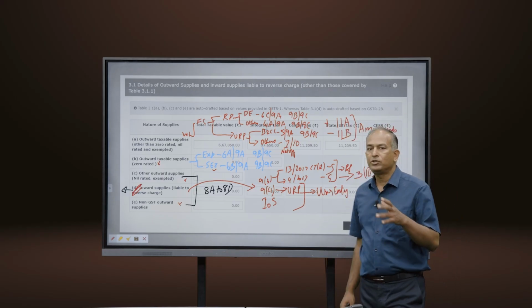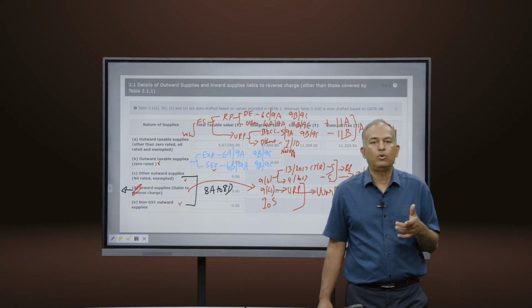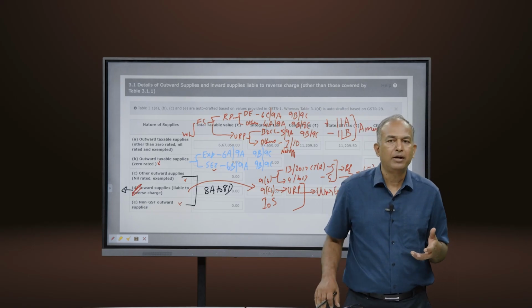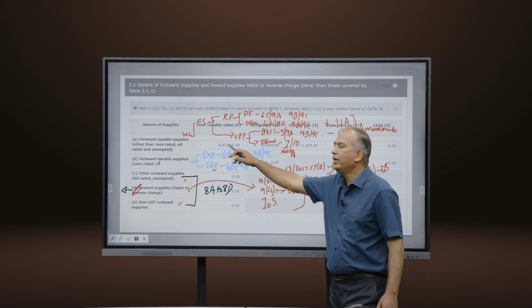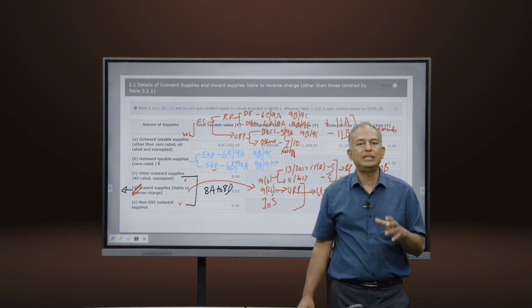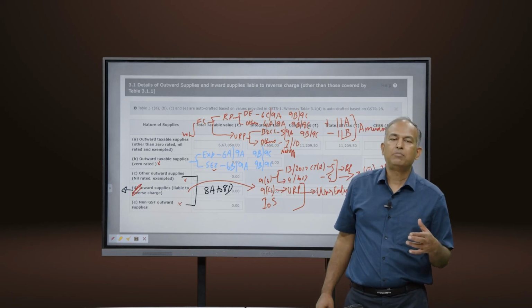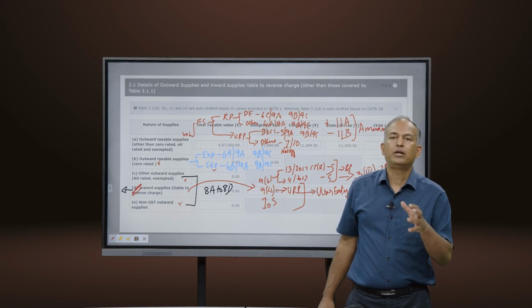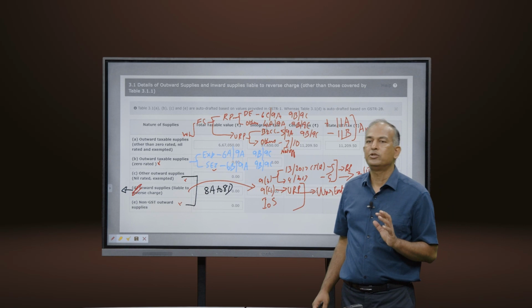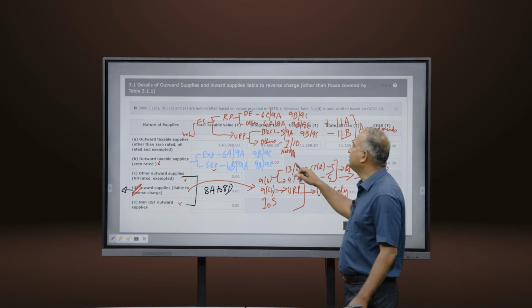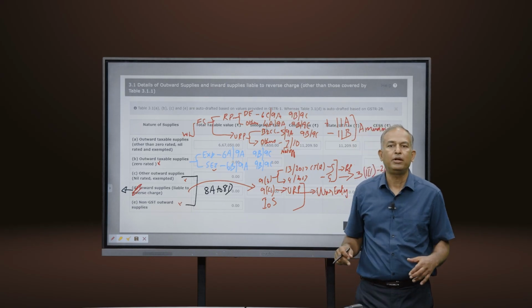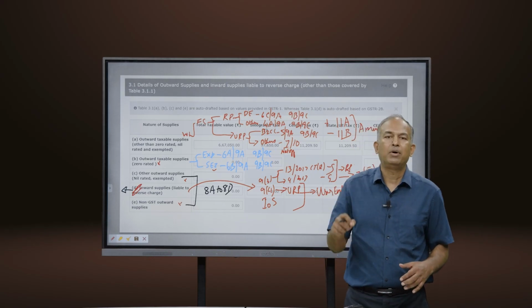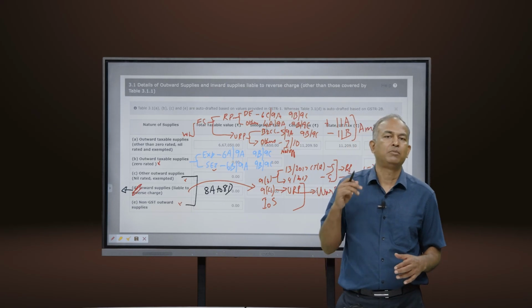Despite the fact, or the challenges that we as departmental officers will come across, is that despite the information pertaining to 3.1A, B, C, and E, and for that matter D, getting auto-populated from GSTR 1 and the GSTR 2B, all these entries that you see here, 6,67,000, 97,650, can be edited by the taxpayer, by the registered person.